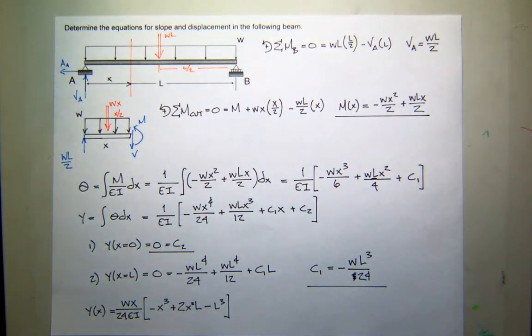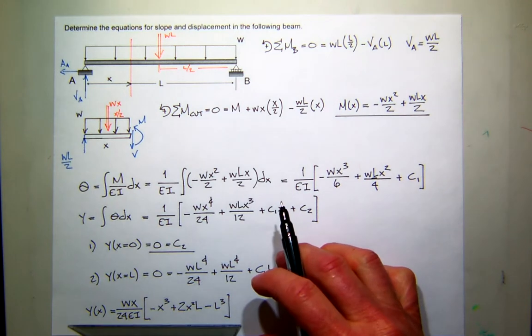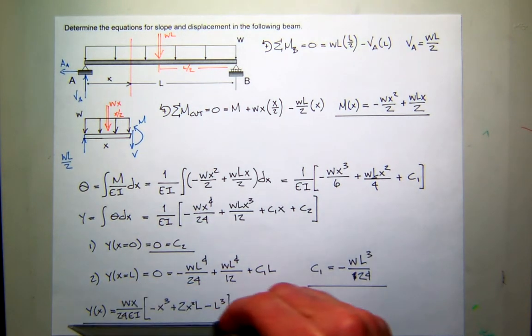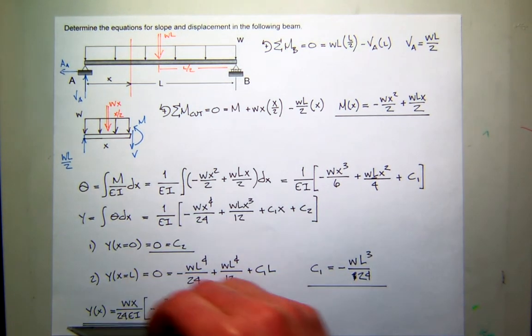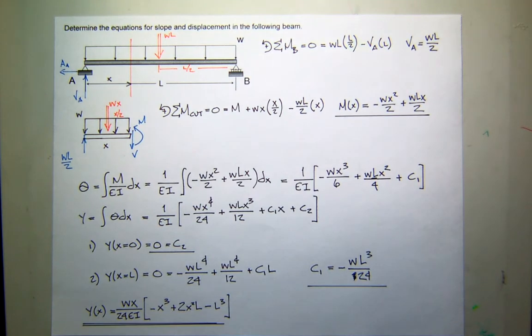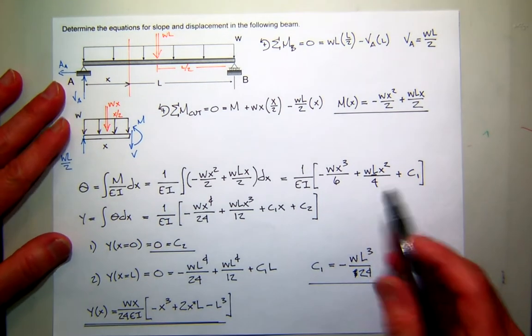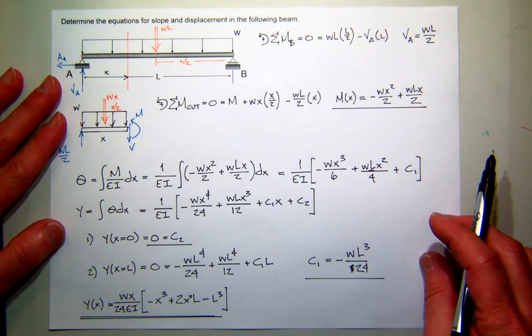Now, if you look inside the front of your book and look this problem up, we got the right answer. What they did is they just pulled the minus sign out and put it in front, but it effectively is the same thing. So that would be our equation for displacement. We could also go back and get the one for slope, but I'll let you do that one.